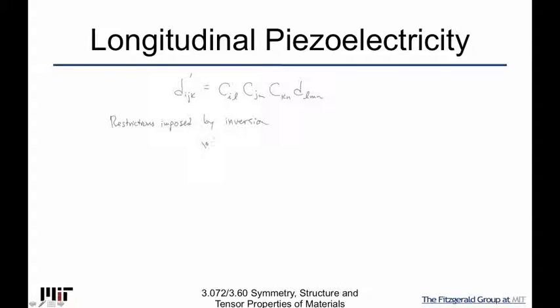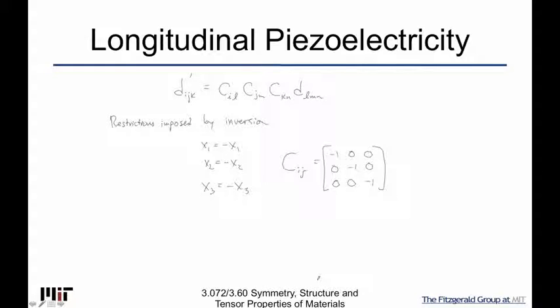So inversion, you recall, is x1 goes to minus x1, x2 goes to minus x2, and x3 goes to minus x3. So my Cij, there's my transformation matrix.